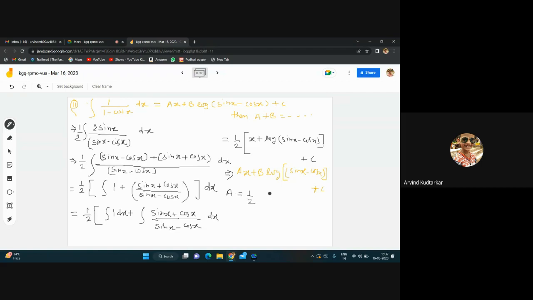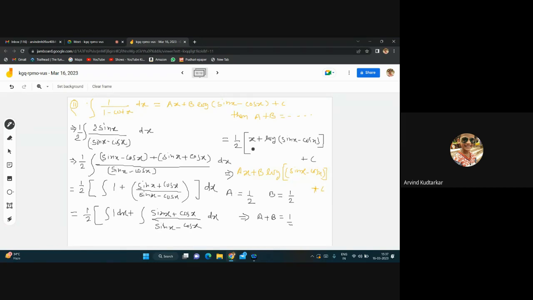To their integral, okay? So this is where we find the values of the constants a and b after solving their integral. After solving the integral, in that solution there are some constants with the variable quantities.